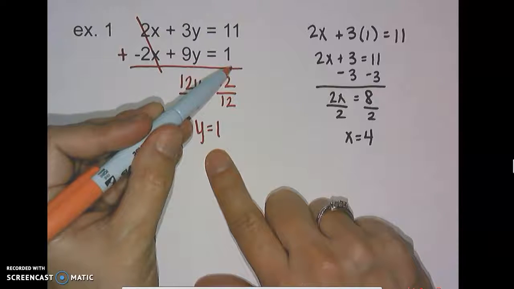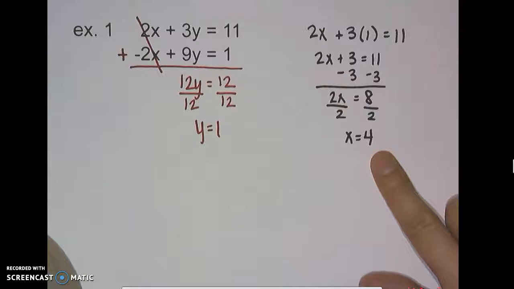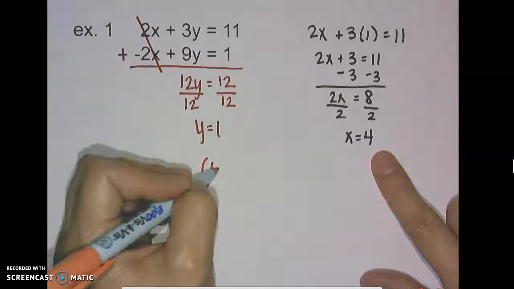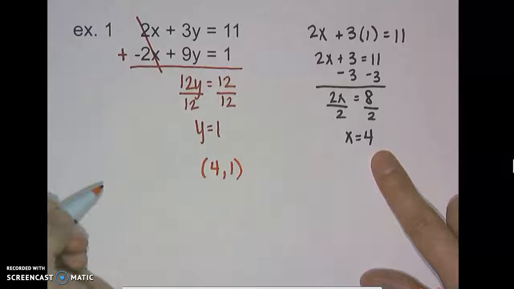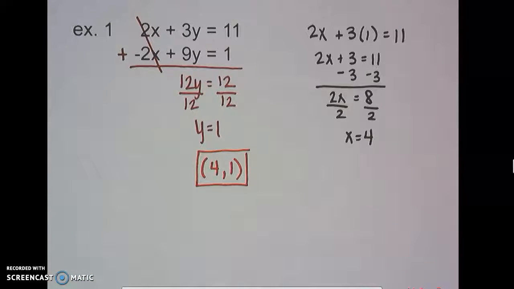Subtracting that over would give us negative 8. Negative 8 divided by negative 2 is a positive 4. So it does work there as well. It doesn't matter which one you plug in. We write our answer x, y, so 4, 1 is the solution. And if you graphed those, you would find that they would cross at the point 4, 1.